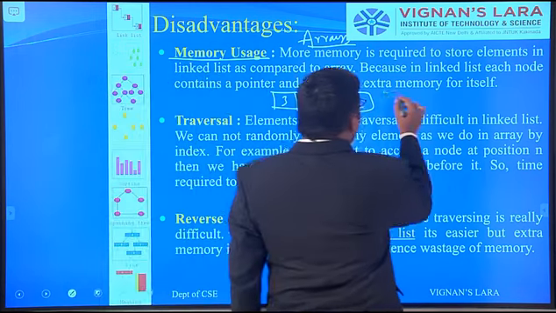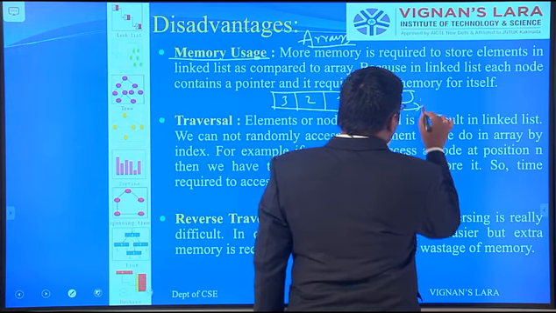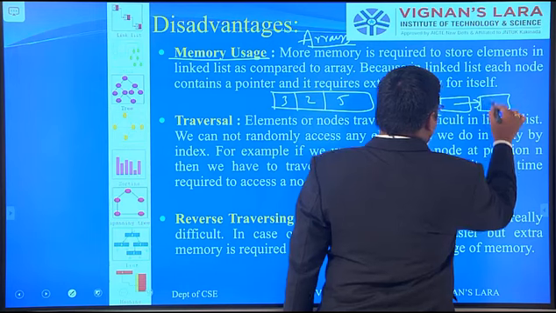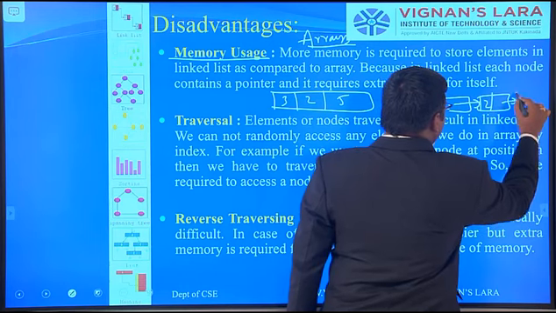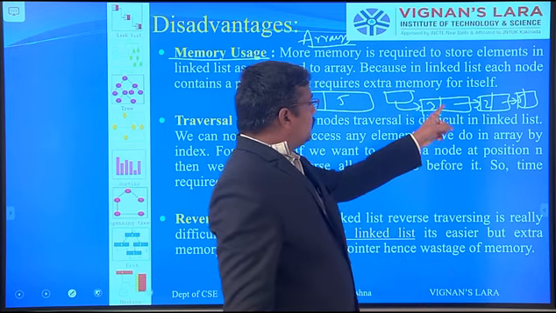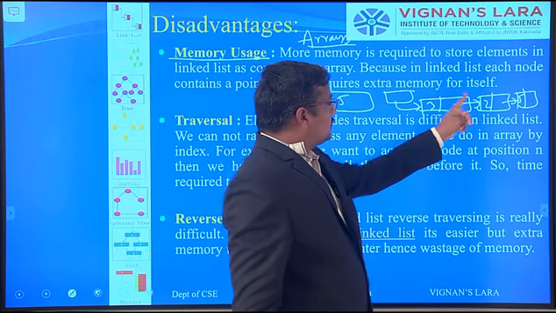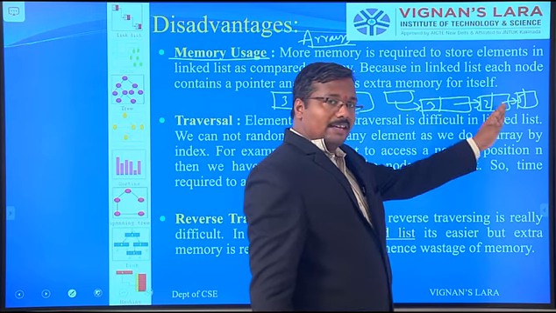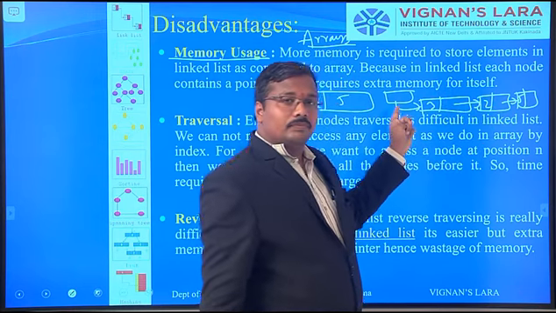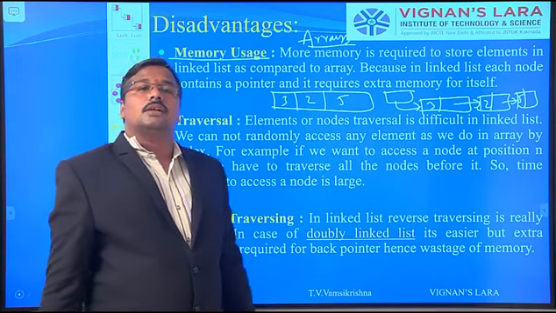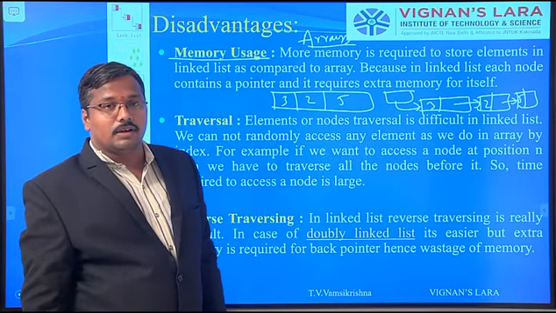But the same requirement implemented with a linked list, for each and every node, 2 bytes for data and 2 bytes for the address, 4 bytes per node. So 3 into 4, 12 bytes, plus 2, 14 bytes of memory is required.